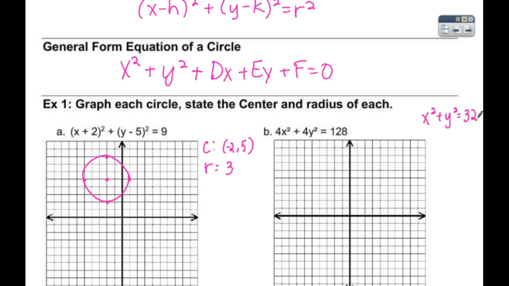So what's the center of this circle? 0, 0. And the radius is the square root of 32, right? So the square root of 32 is about 5.6.